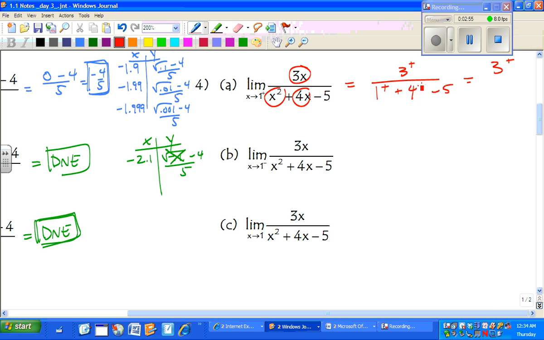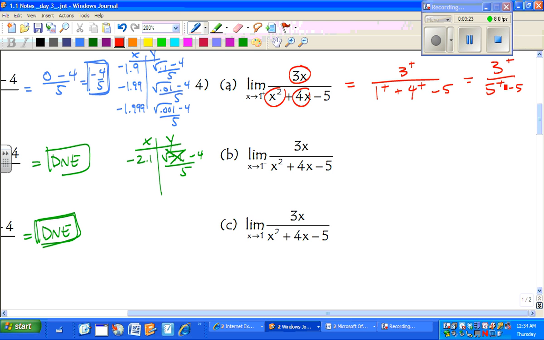This number here, always a little bit bigger than 4. It's getting closer and closer to 4, but it's always going to be a little bit bigger. So if we add these two up, we're going to get something that's a little bit bigger than 5. But it's going to be really close to 5 as we keep getting closer and closer to 1. So it's going to be really close to 5 from the right. So that little plus kind of reminds us that it's a little bit bigger than 5.